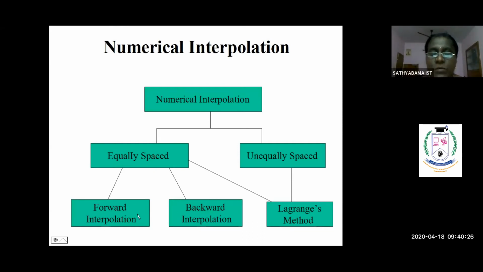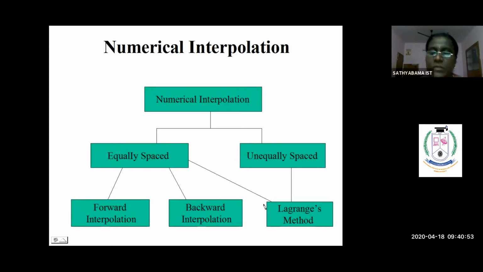Using these formulae, we get more accurate results compared to a general method. Also, one more drawback of Lagrange is that the method is very lengthy for calculation. So when we have two simple methods for equally spaced, we always go for these two formulae, and for unequally spaced, no other option, we go for Lagrange's.